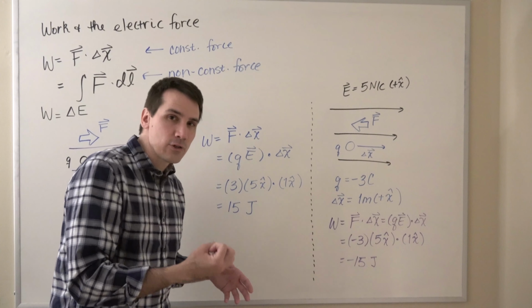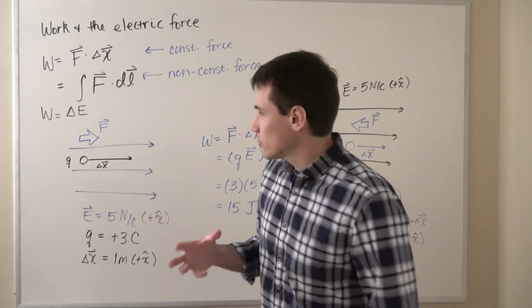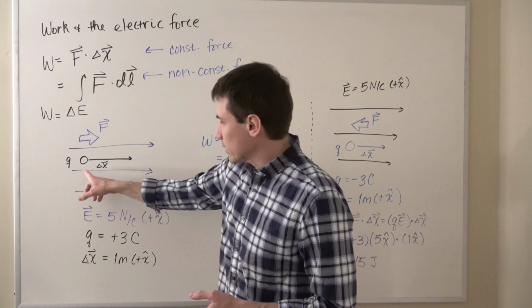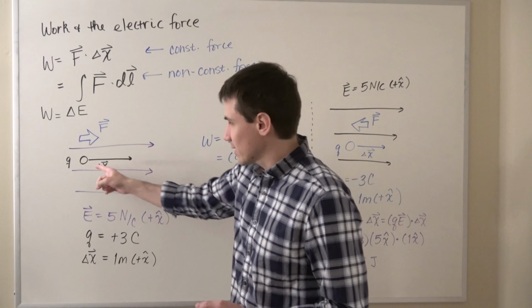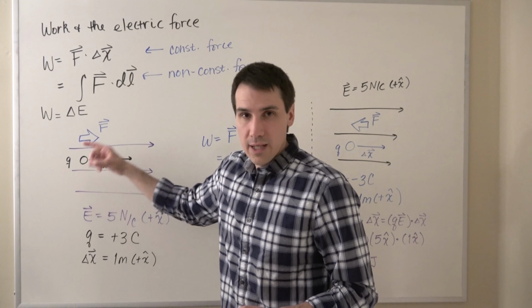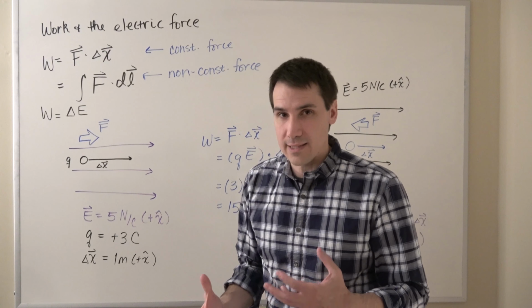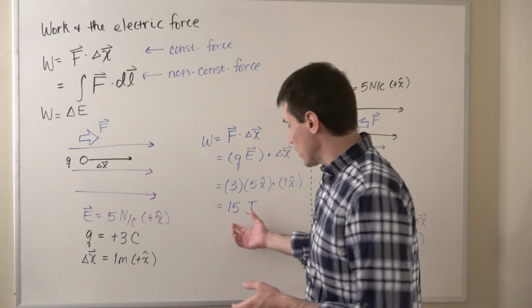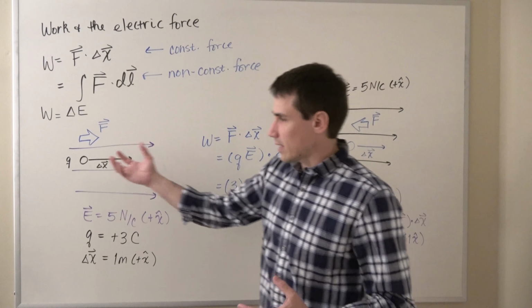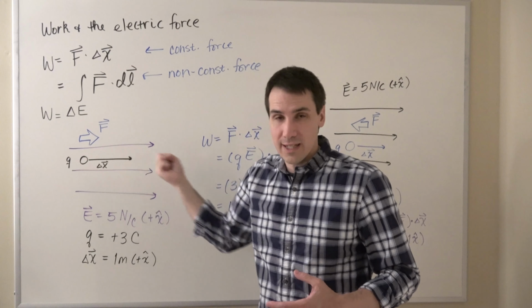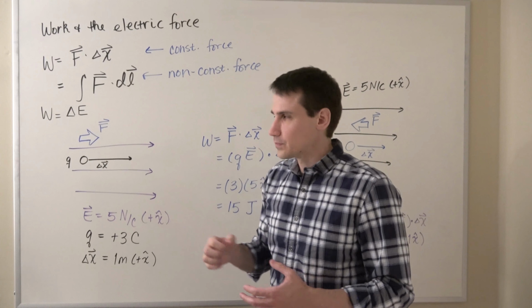I added energy into this system. How do I know? Because as I apply a force to the right here, that is going to cause this particle to speed up. It's going to gain kinetic energy as that happens. My electric field did positive work. That positive work translated into a positive change in the kinetic energy of the particle.